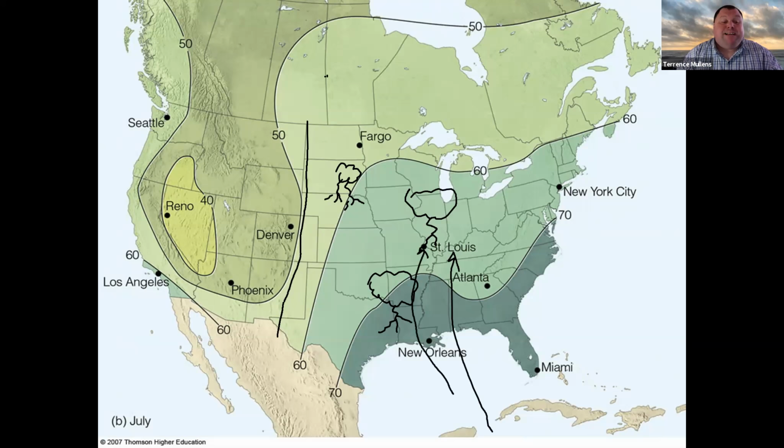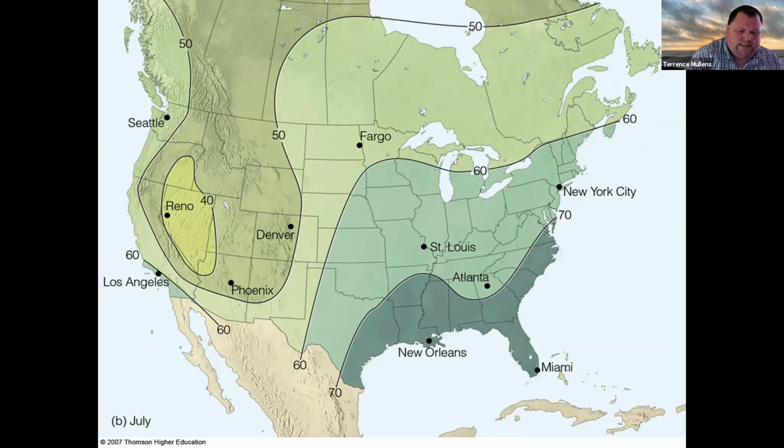Where's the driest place in the United States during the summertime, based on this graphic? Where is the driest place? Reno. In fact, pretty much all of Nevada.